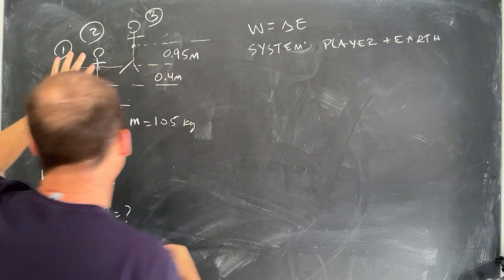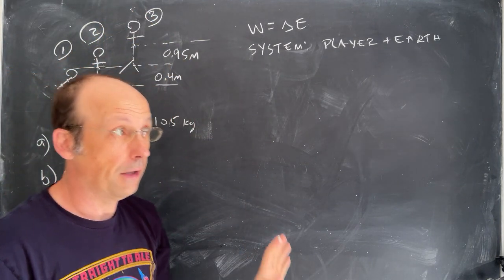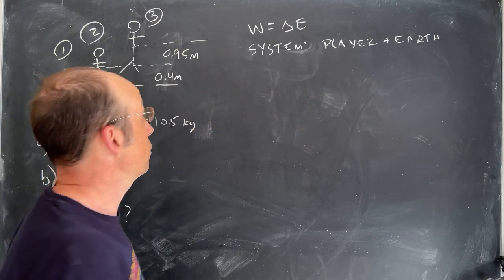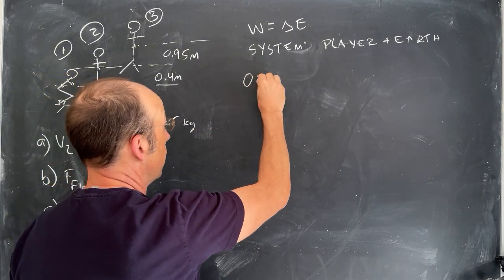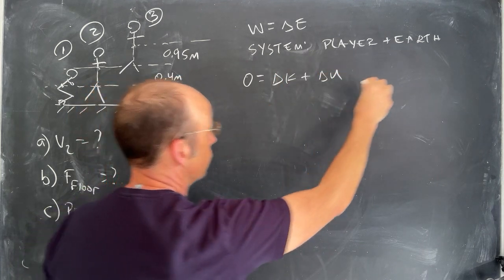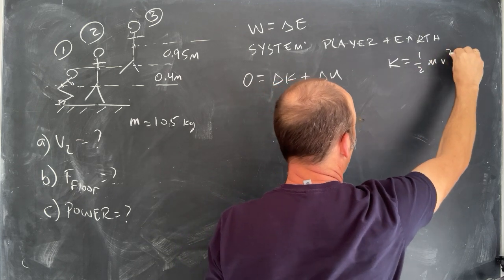So from 2 to 3, what forces are acting on the person? It's just the gravitational force. And we do not do work done by gravitational force because it's part of the system. So that means that we can write 0 work is the change in kinetic energy plus change in gravitational potential energy. And remember, kinetic energy is 1/2 mv squared.